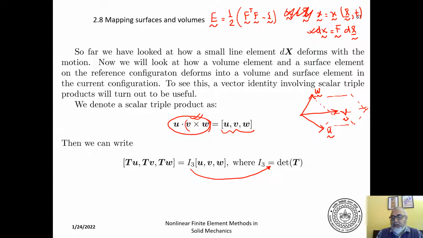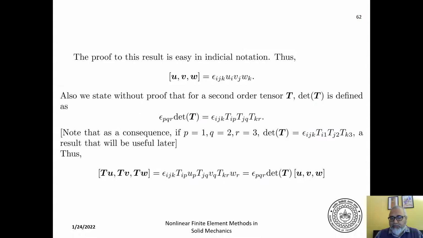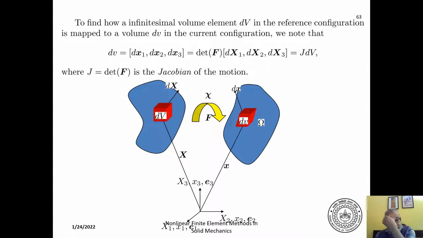So using this, we can actually find out how volumes map from the reference to the current configuration. Let's say this is a volume dV in the reference configuration at a point capital X, and this volume maps to the volume dv in the deformed configuration at the point small x.